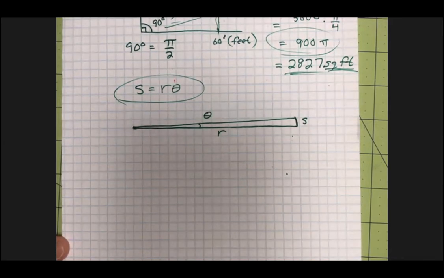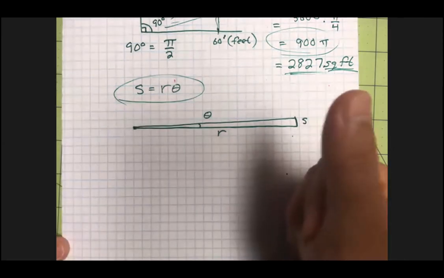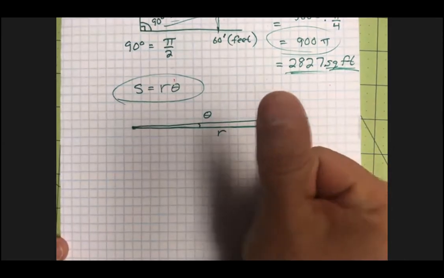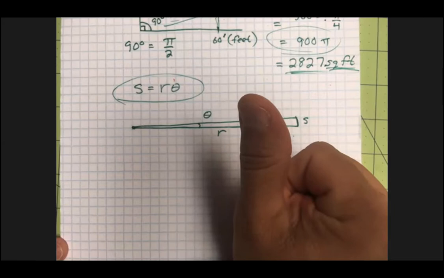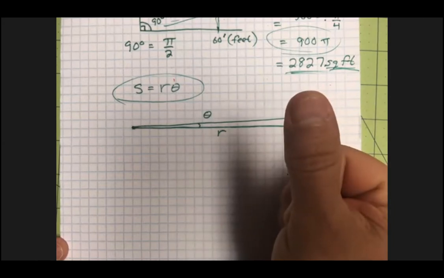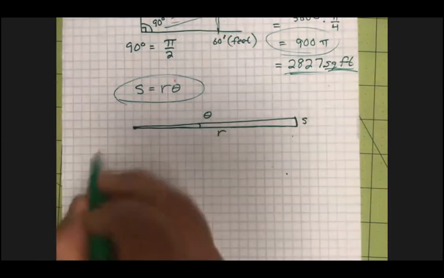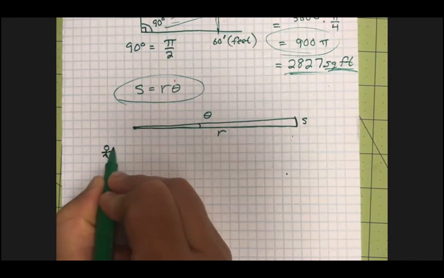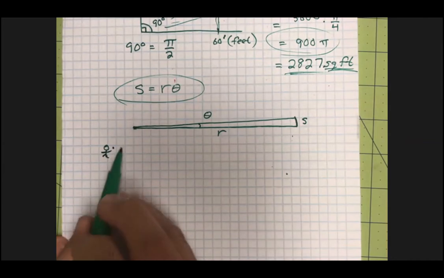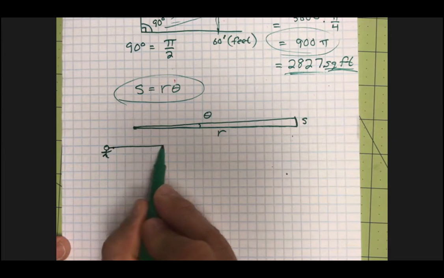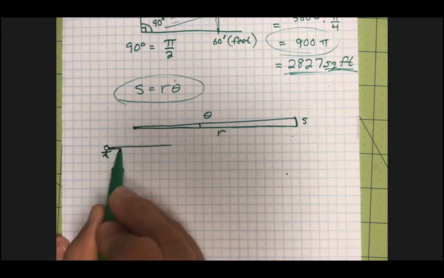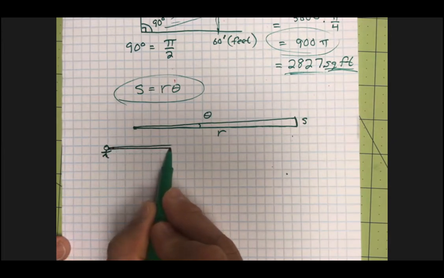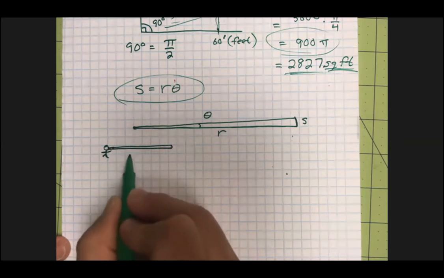And let me show you another trick. This is your thumb. It's about a half inch wide, three-quarters of an inch wide. But if you hold your thumb at arm's length in front of your face, the angle that it makes is very small. It's about 2 degrees.